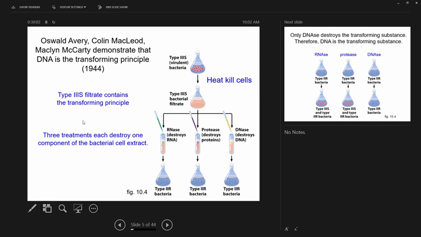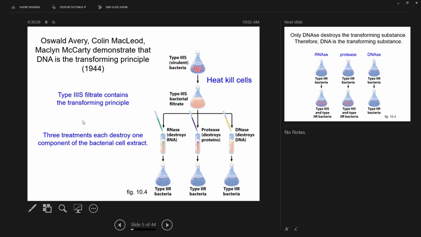All right, so we jump from 1928 all the way up to 1944, so not all experiments shown, right? But this famous experiment by Avery, McLeod, and McCarty demonstrated that it was actually DNA, and not RNA or a protein, the other common constituents of the eukaryotic nucleus, that is the transforming principle.